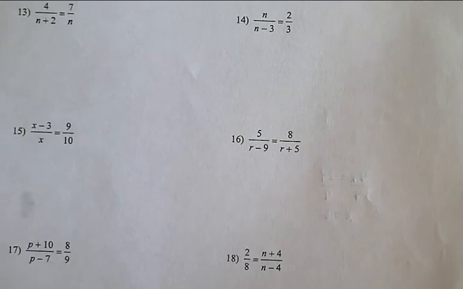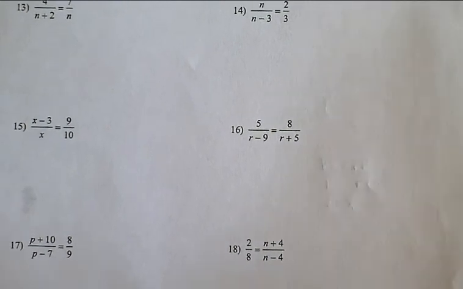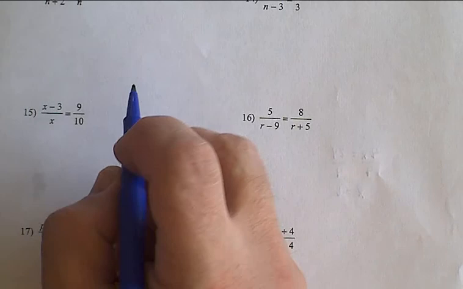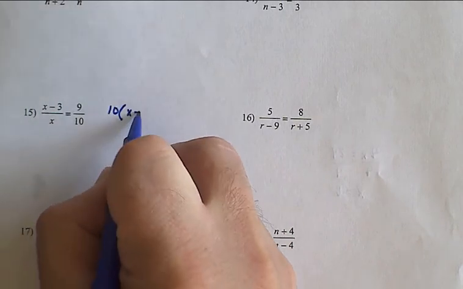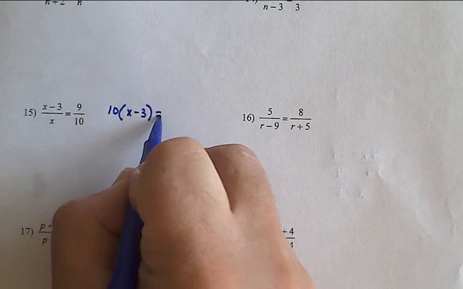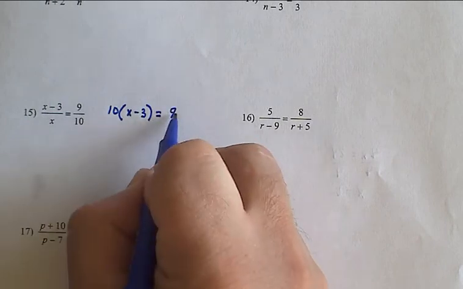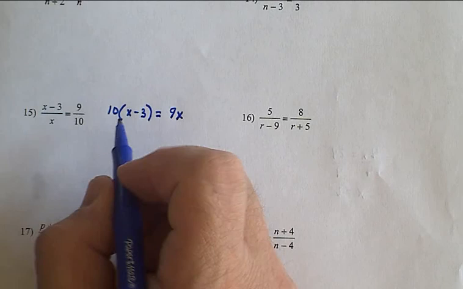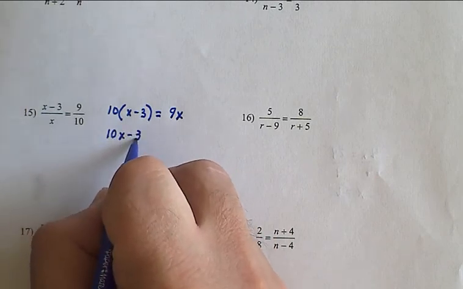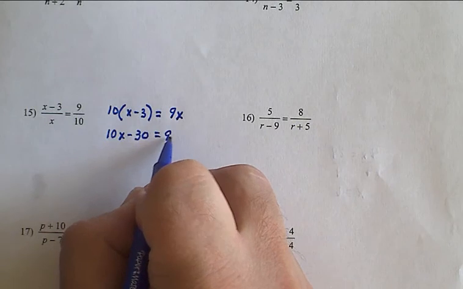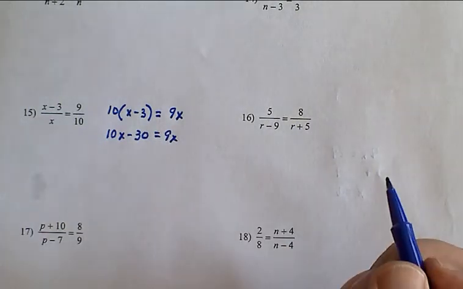So number 15. Okay. I want to take 10 times x minus 3. There's my first cross product. And 9 times x. When I distribute, I get 10x minus 30 equals 9x. Okay, bring the x's together.